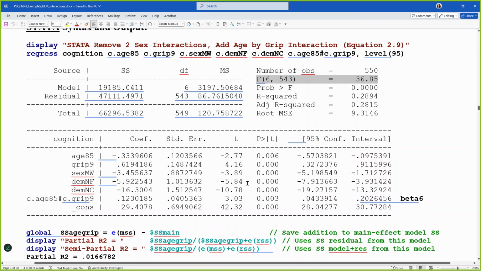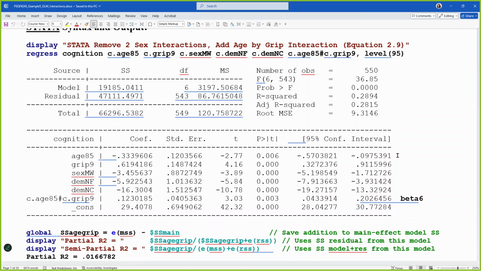Do I know from just this screen right here if the change in R square relative to the main effects model is significant? Is there anything on this screen right now that tells me that without having to do additional work? I'm comparing in my head the model with only main effects to the current version that includes one additional interaction term.